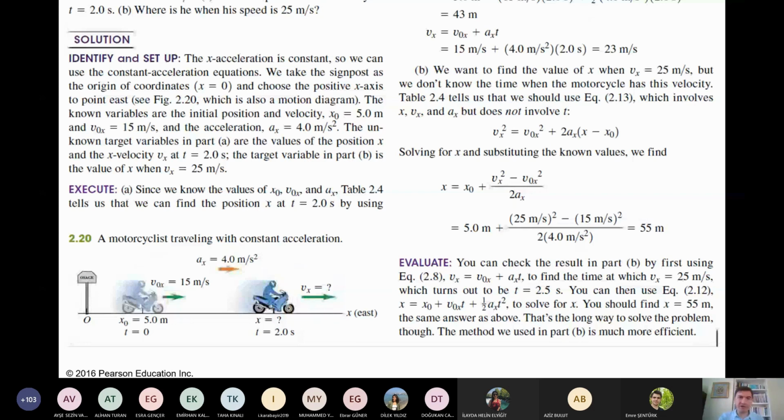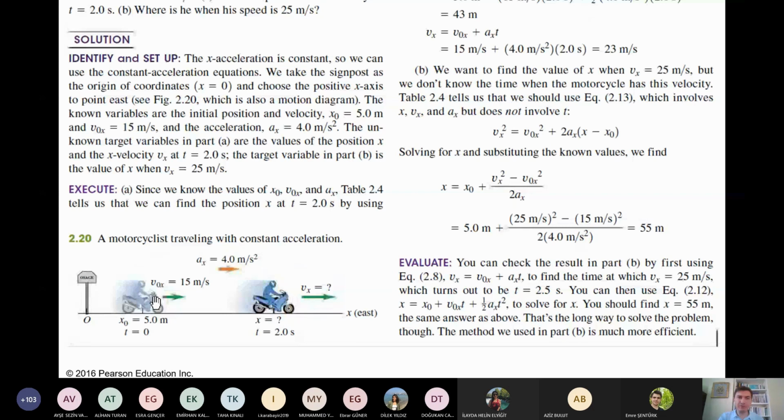So we take the signpost as the origin. So this is the origin. x is 0. And then we choose the positive axis from the origin to the east. This is the positive direction. The known variables are the initial position, initial velocity, and also acceleration, which are all given.